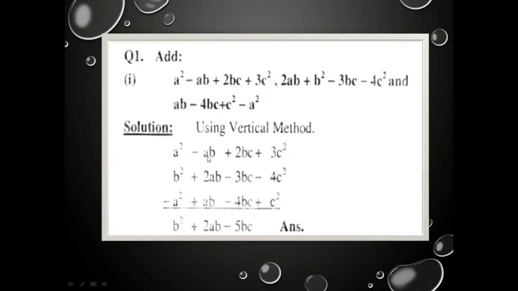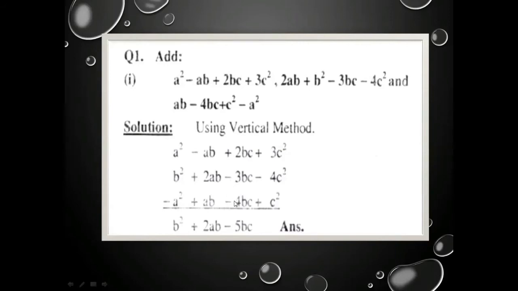Now in second column we observe that minus ab and plus ab are the same and equal, but their signs are opposite, so they will be cancelled, and the result from that column is plus 2ab. And in the third column, 2bc, minus 3bc, minus 4bc.